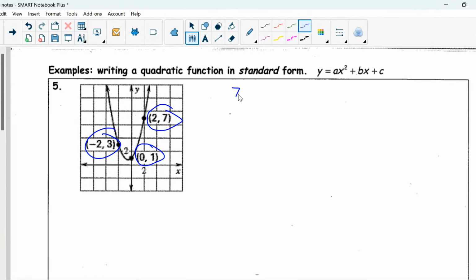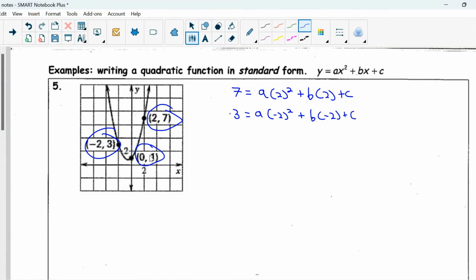So that gives me 7 equals a times your x value squared plus b times your x value plus c. Then let's go through and do that with all our points. Our second point here, we've got 3 equals a times our x value, which is -2, squared, plus b times your x value, which is -2, plus c.